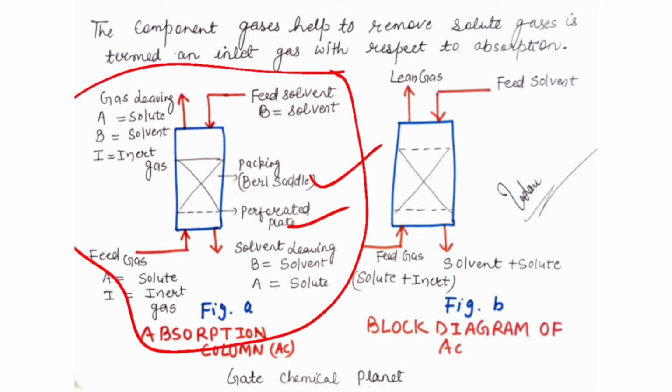The feed gas is coming to the column. Feed consists of the solute and the inert gas, and here the solvent, which is B, is coming into the column.